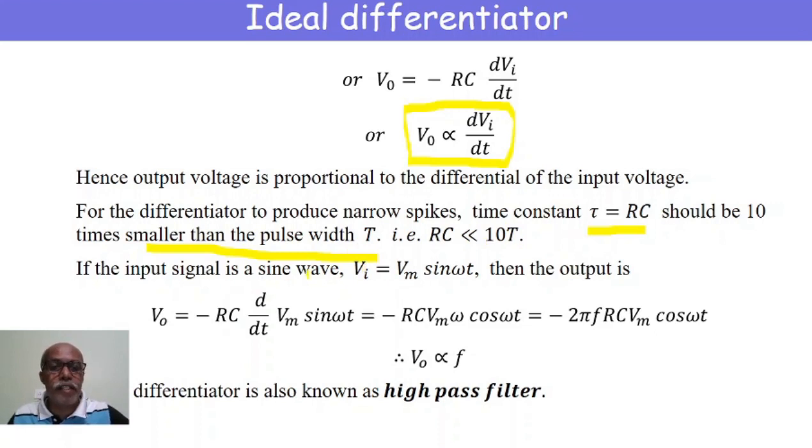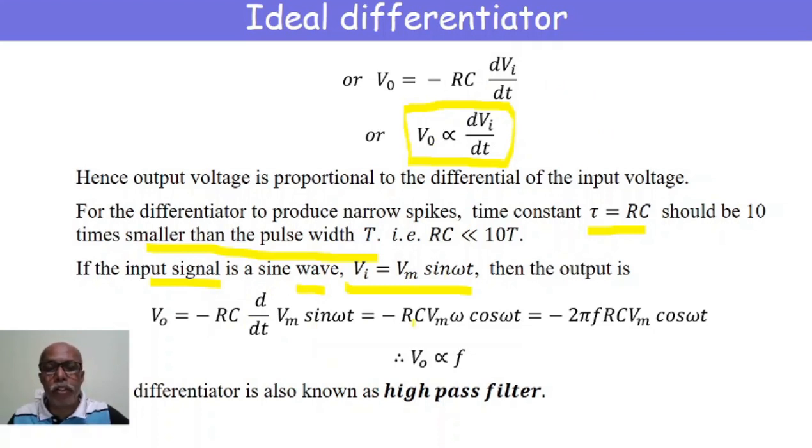If we consider the input signal as a sine wave, that is, Vi equals Vm sin omega t, then the output will be V0 equals minus RC into d by dt of Vm sin omega t.